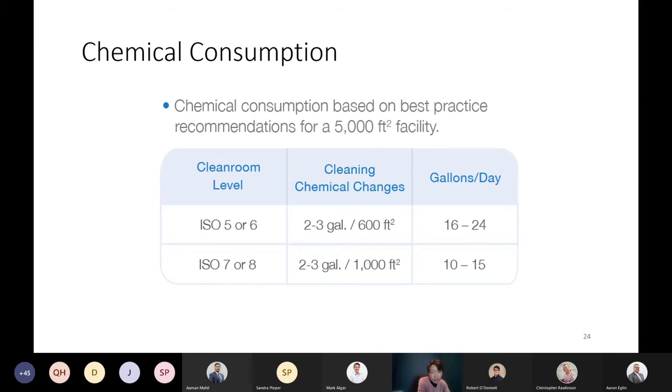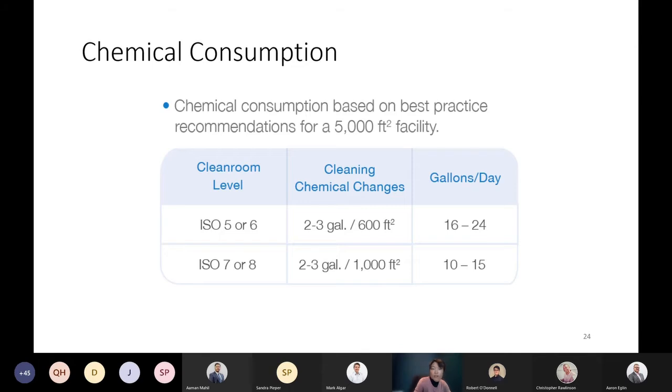And alongside the risk points, we also looked at the chemical consumption. As I mentioned, based on best practice recommendations for an ISO 5 or 6 facility, a user needs to change chemicals on a pretty frequent basis. Here, the recommendation for ISO 5 or 6 is to change it once per 600 square feet, so it's roughly 54 square meters.